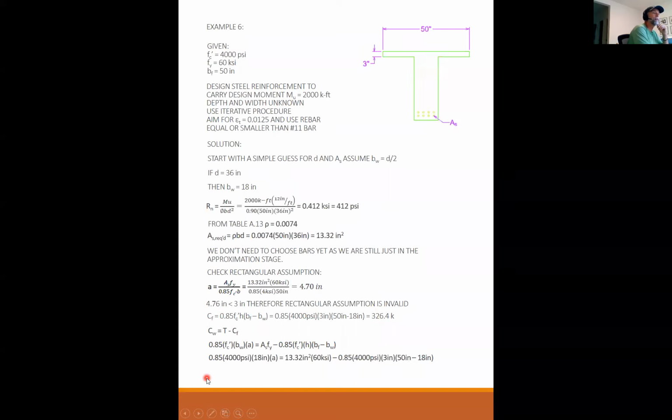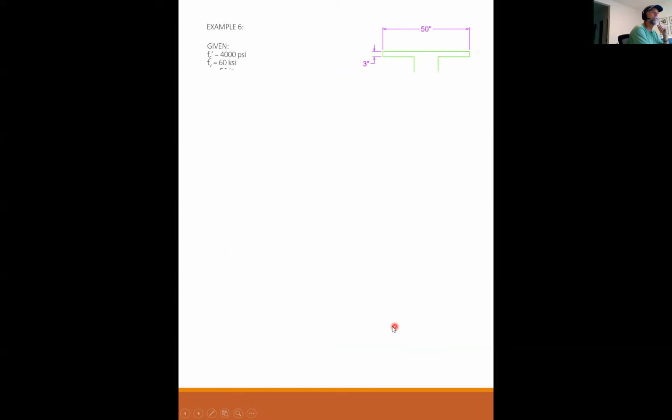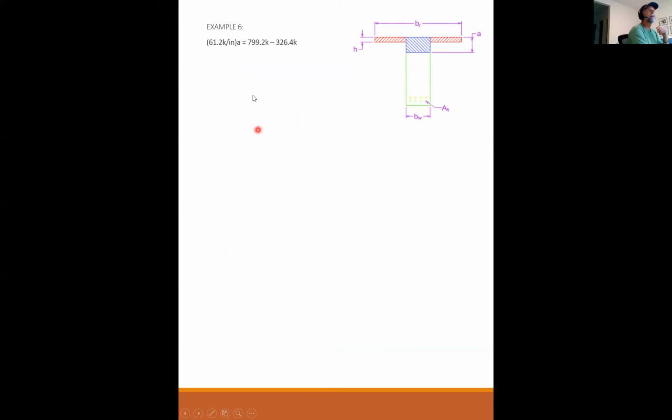I plug in all the known values: 0.85, 4,000 psi, 18 inches, a is a variable, equals 13.32 times 60 ksi, minus 0.85, 4,000, 50 minus 18. I condense it to 61.2 kips per inch times a equals 799.2 minus 326.4, and I get a equal to 7.73 inches.